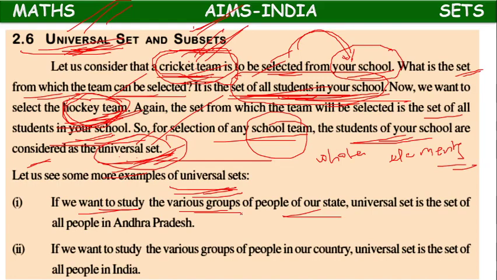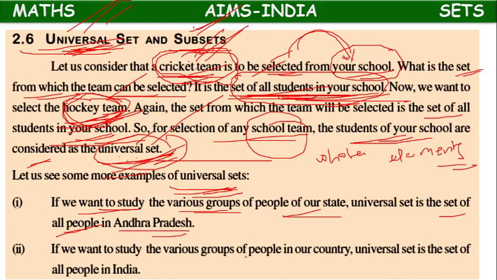From the total population, these people belong to government jobs, these people are working in private jobs, these people are running businesses. Like that, we will separate them into smaller groups. But for separating them into smaller groups, we are considering the bigger group, the set of total people in Andhra Pradesh.